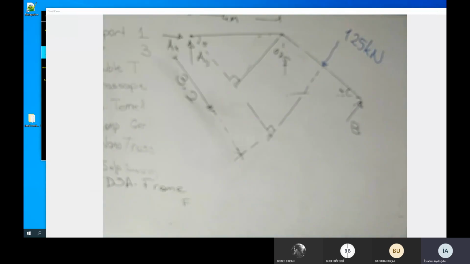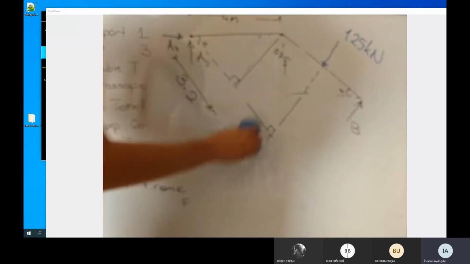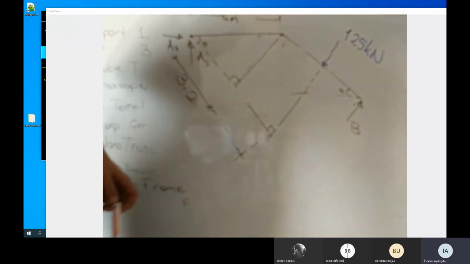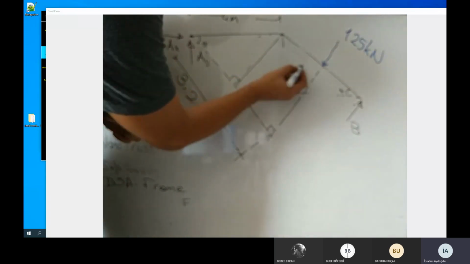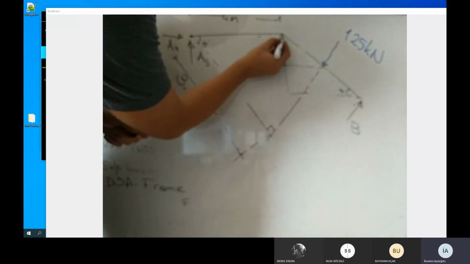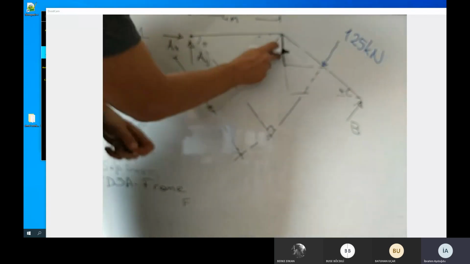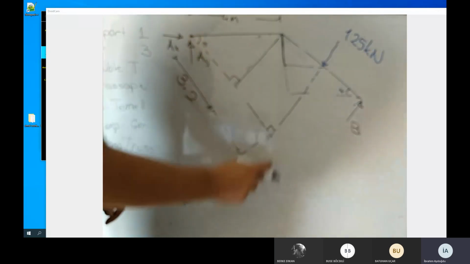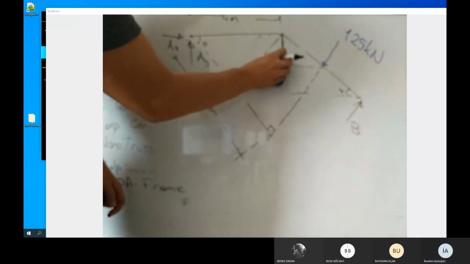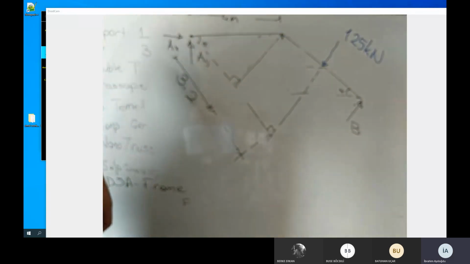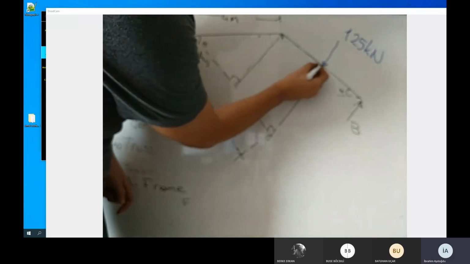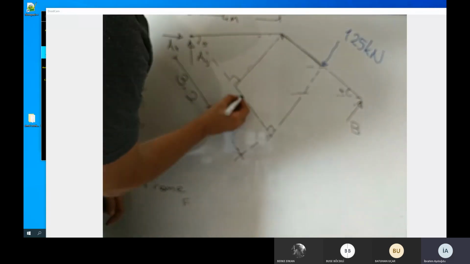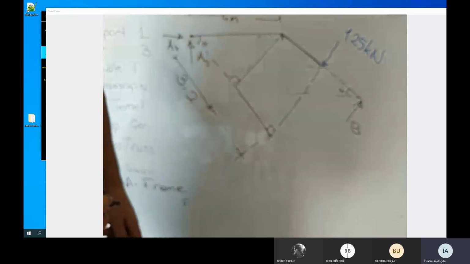So if I want to measure this triangle, and this distance, this distance is equal to 0.75, but I don't need this value. I need to measure this length. Also, this length and this length are equal.